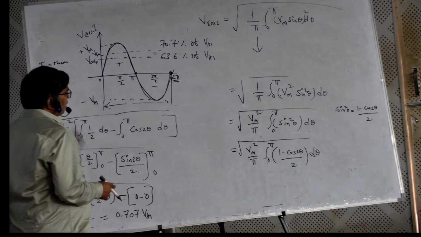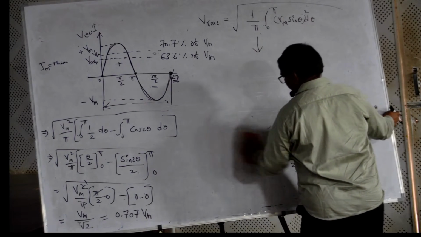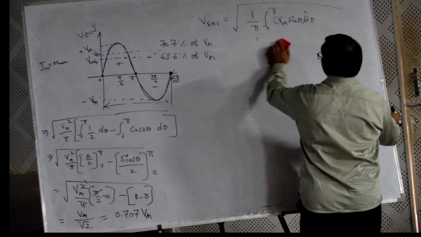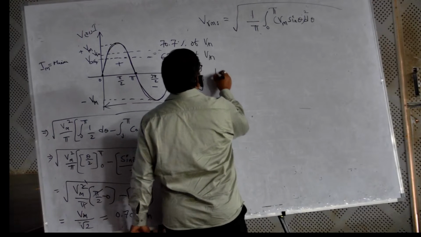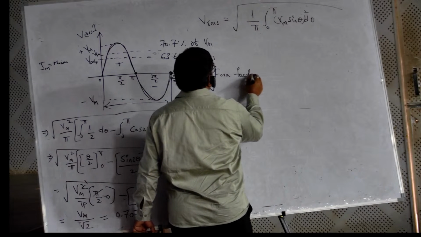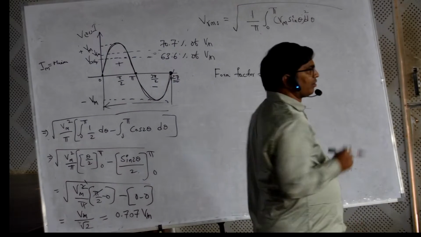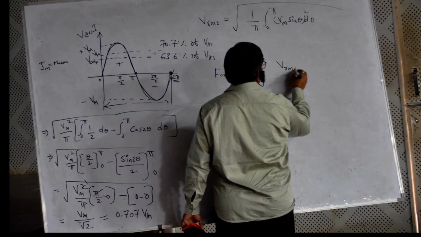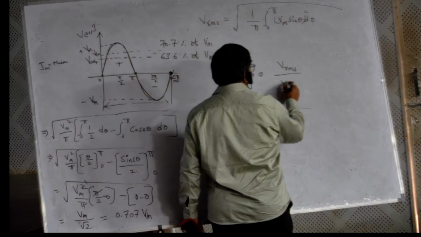After this, form factor. What is the formula for form factor? It's the ratio of RMS value to the average value.